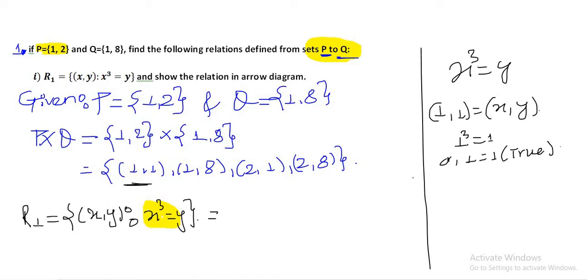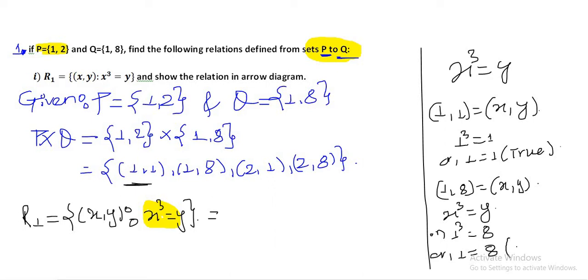Again I take (1, 8), the another ordered pair, to check whether it is in relation R1 or not. Substitute x by 1 and y by 8 in the given condition: 1 cube equals y, that is 1 cube equals 8, because y is 8.